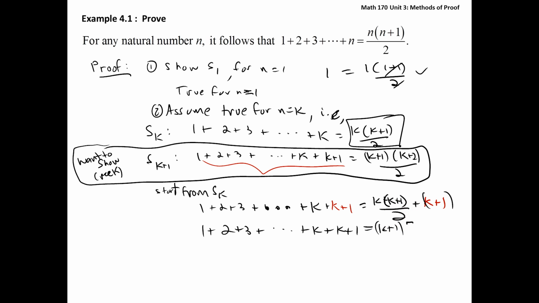What we get when we factor out k plus 1, from the first term we get k over 2, and from the second term we just get a 1. We took the whole thing out. Our job then is just to show that the rest of this looks like k plus 2 over 2. We have the k plus 1, we just need it to look like k plus 2 over 2, and we can do that because k over 2 plus 2 over 2 is exactly k plus 2 over 2.